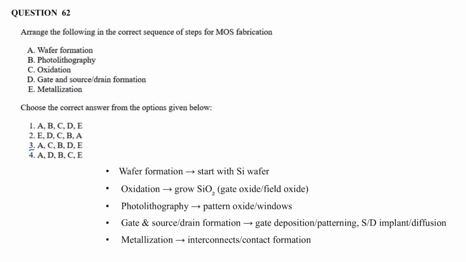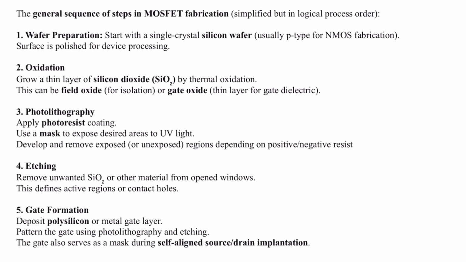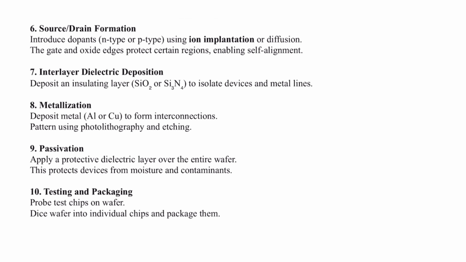Question number 62. Arrange the following in correct sequence of steps for mass fabrication. The general sequence of steps for mass fabrication is: wafer preparation, oxidation, photolithography, etching, gate formation, source drain formation, interlayer dielectric deposition, metallization, passivation, testing and packaging.